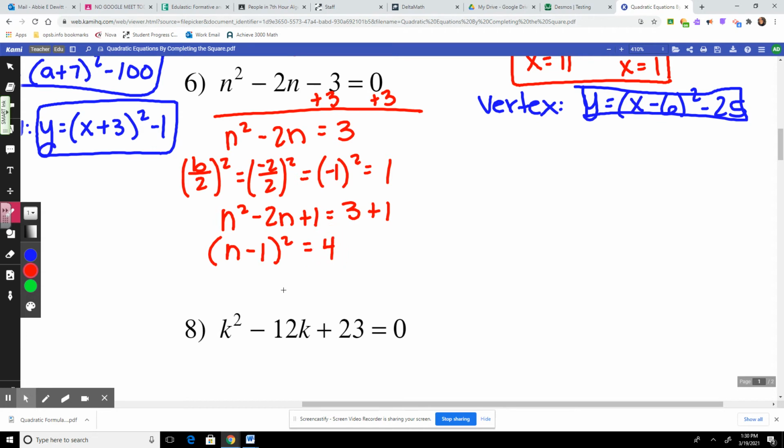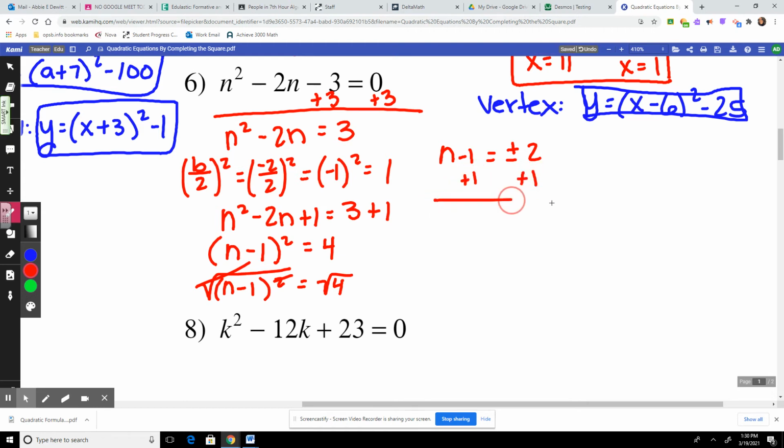equals 4. I'm going to take the square root of n minus 1 squared and the square root of 4. Those cancel each other out. And I'm left with n minus 1 equals positive or negative 2 because the root of 4 is positive or negative 2. I'm going to add 1 to both sides.